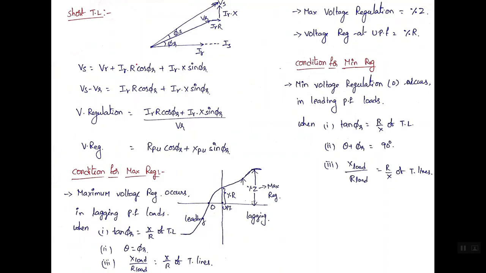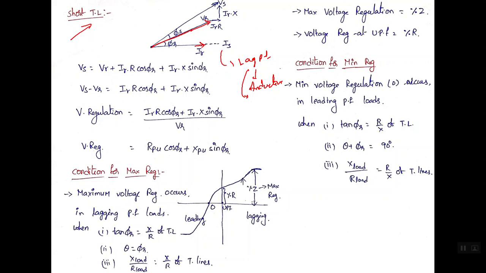For example, take short transmission lines, the voltage regulation for lagging power factors. We know that all the loads are maximum lagging power factor. Why? Because all are inductive loads, so we will get lagging power factor. Let us take this VR. Here the current is lagging.